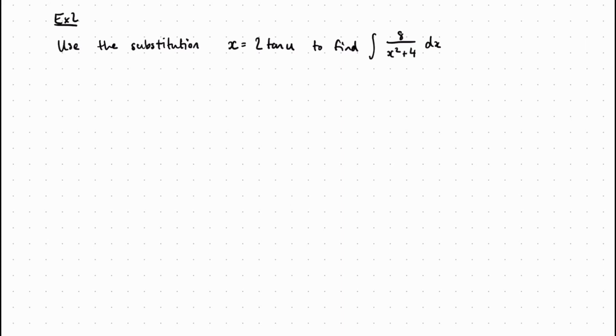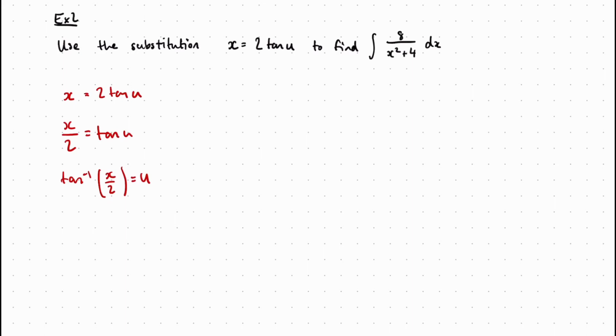So x equals 2 tan u. Let's get it in terms of u first. For x equals 2 tan u, then x over 2 equals tan u, which means that the inverse tan of x over 2 is u. Okay, we don't need it right this second, but we're going to need it later.